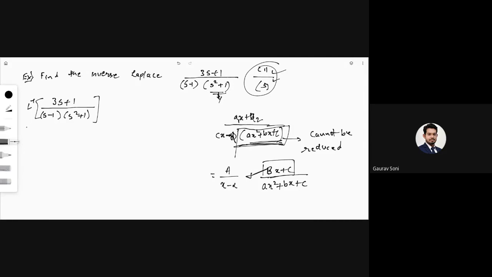So by partial fraction, this 3s plus 1 upon s minus 1 into s square plus 1, I will write as a upon s minus 1 plus bs plus c upon s square plus 1.